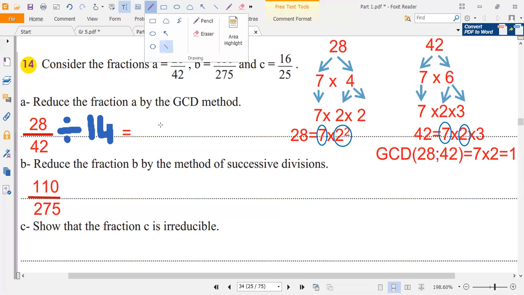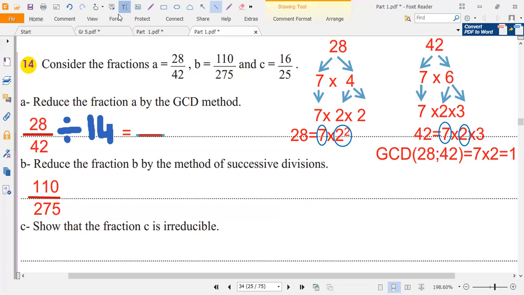How to know? We take 7 and 2. It left what? Look here, we take 7 and 2, it left another 2. So the answer is 2. And here in the 42, we take 7 and 2, it left 3. So the answer is 3. And the irreducible fraction is 2/3.